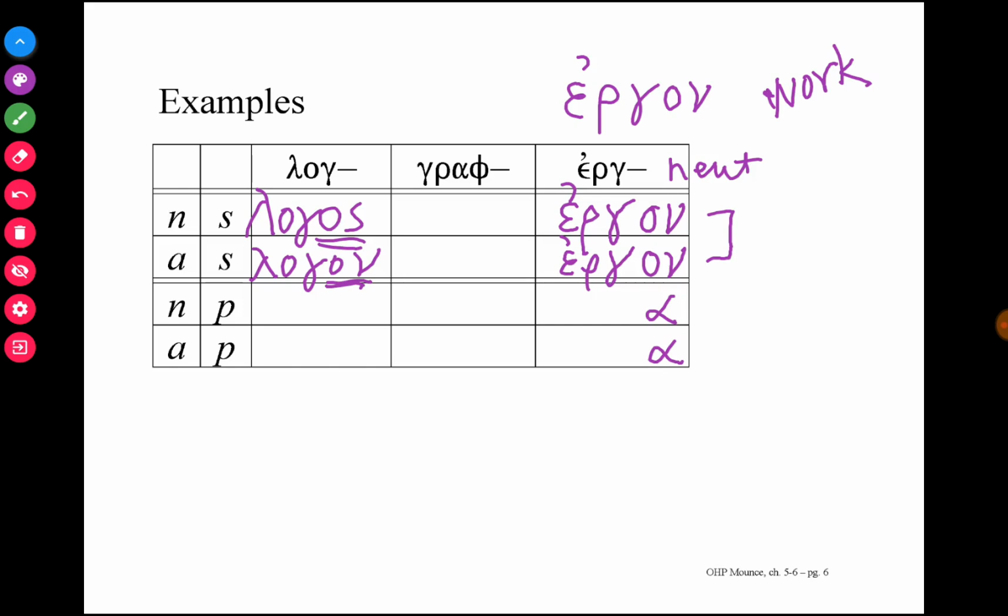But what if I want to say works, not just work singular? The works that God does are always good. And I would write erga, and so works are good, and that would be the subject of the sentence there.